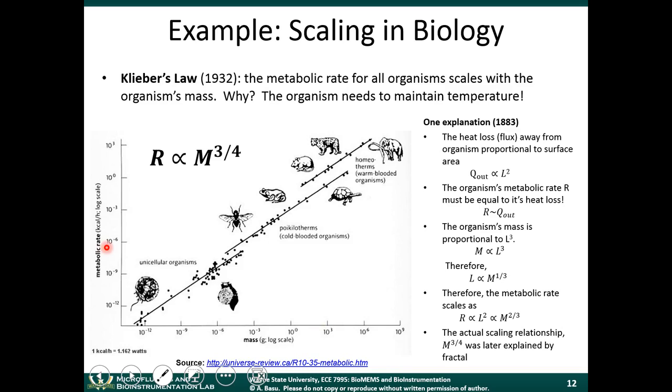So what is metabolic rate, by the way? Let's all make sure we're on the same page. What is metabolic rate? Yes, exactly. The rate at which your body burns energy.